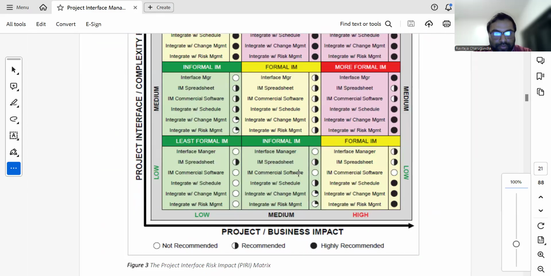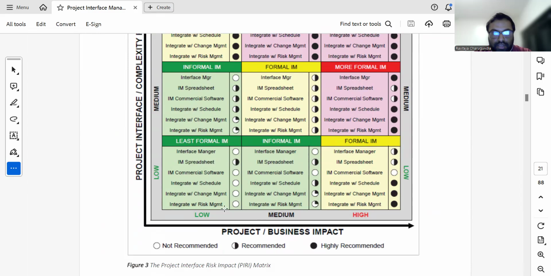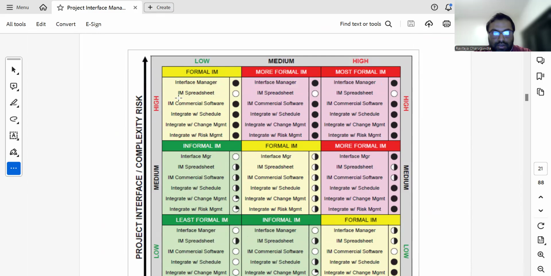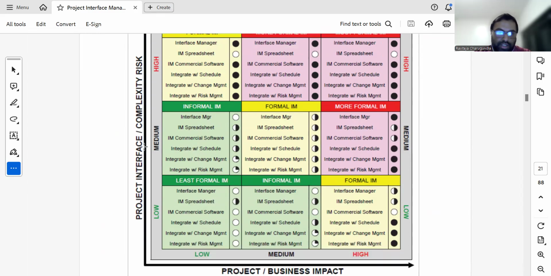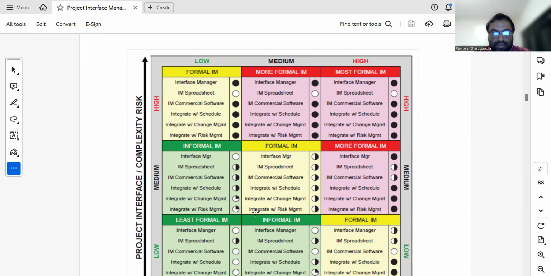You can see the graph between the project interfaces and the complexity of the risk, and the project business impact, which is low, medium, and high, and what the tools are, which I have explained in the previous topic, like the four categories: how effectively the manager, the IM spreadsheet, and the commercial software are used depending on the project interface complexity and the project business impact. So this is the most important diagram.